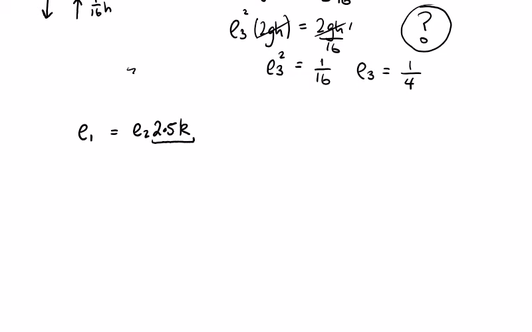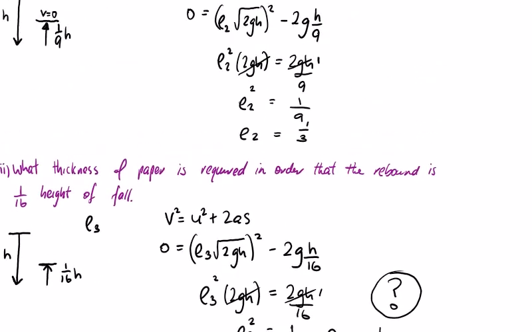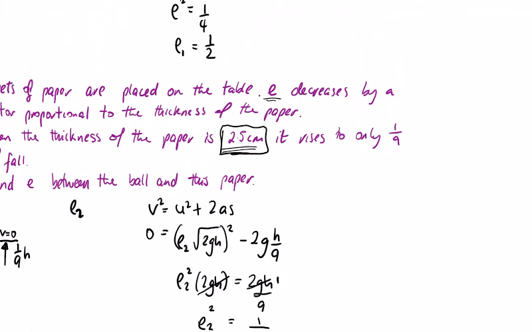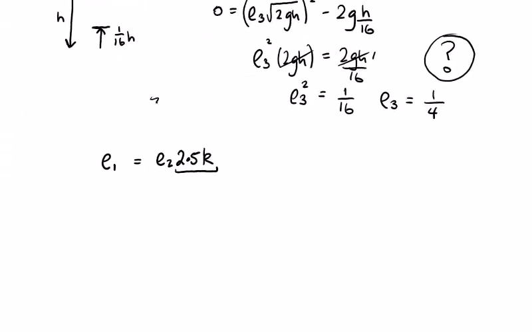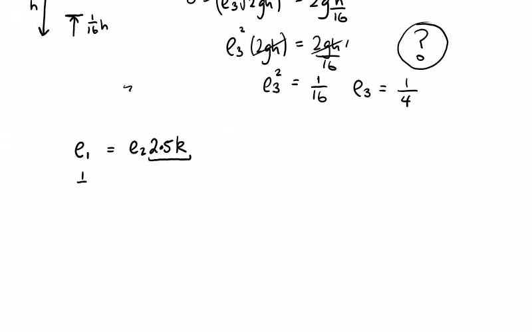So K is the only unknown between these two. So what we got was a half, didn't we? A half for E1, a half, a third, and a quarter. Okay, so a half is equal to a third by, well, 2.5 is 5 over 2. It might be easier to write it as 5 over 2. Okay, so we're going to get 5K over 6 is equal to 1 over 2.